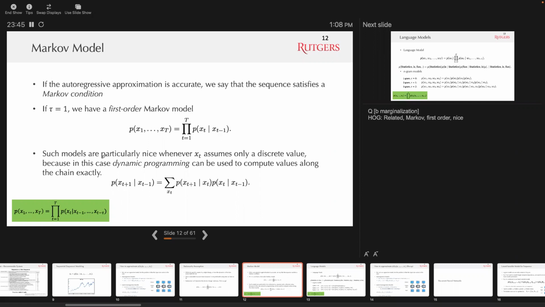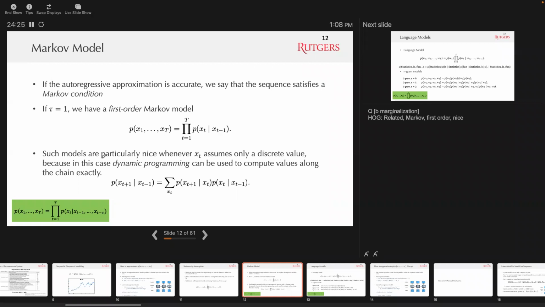Because if, let's say, xt is a discrete value, then you can actually compute the marginalization. For example, given x_{t-1}, the probability of x_{t+1}, you can compute by marginalizing xt out. So p of x_{t+1} given x_{t-1}.